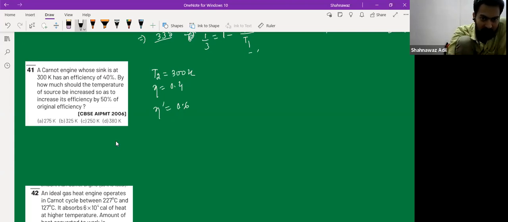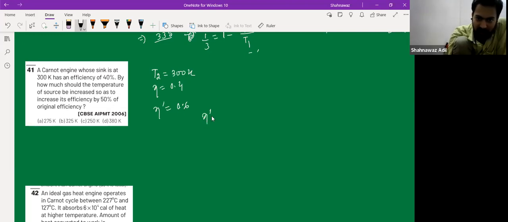So new eta is this, and by how much should we? By how much should the temperature of source be increased so as to increase its efficiency by 50% of original?